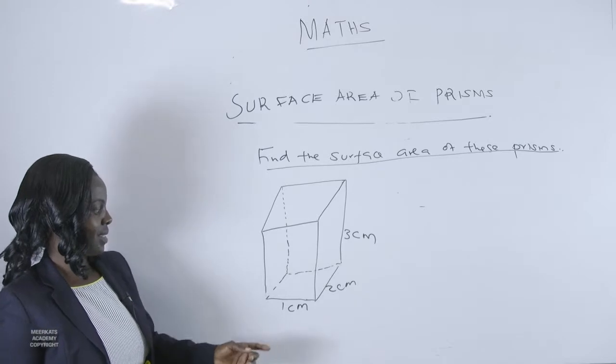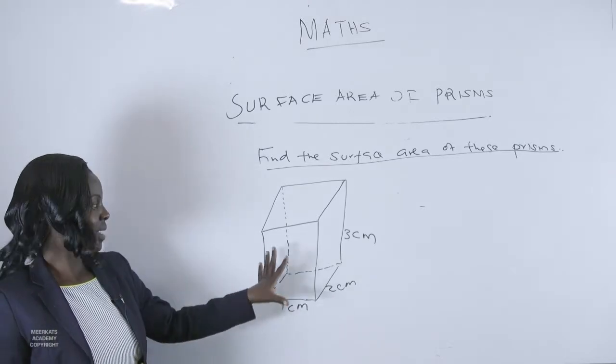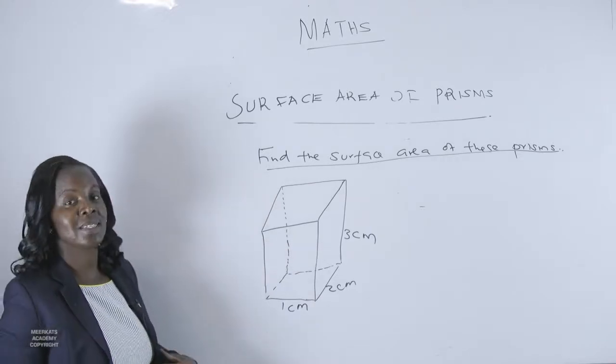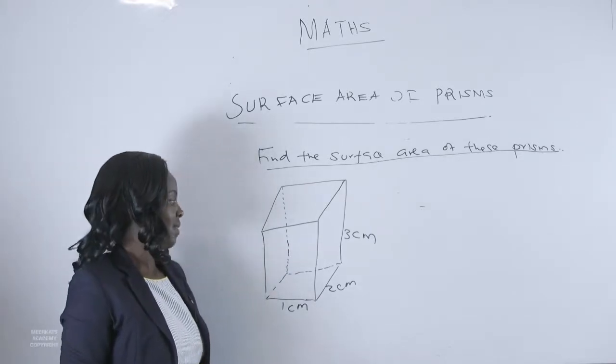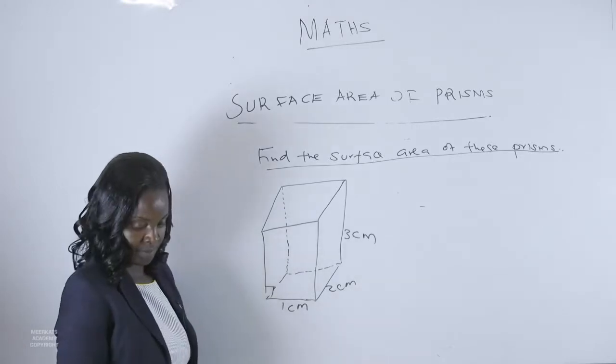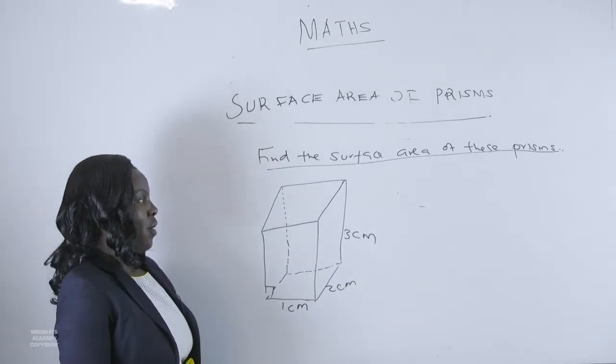You realize that this is a rectangular prism because the two identical ends are rectangles. So how do you go about it?